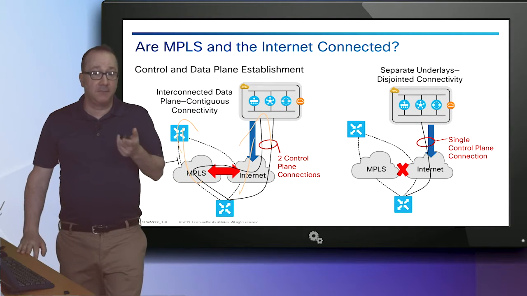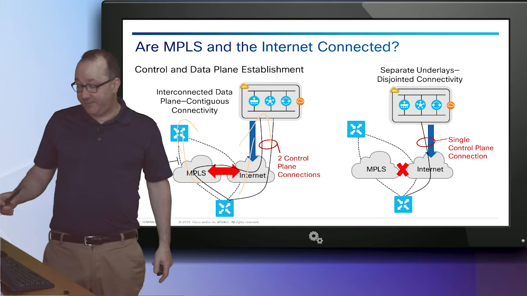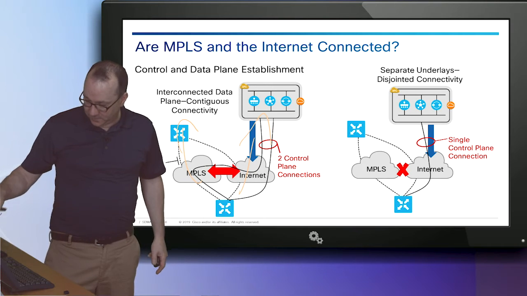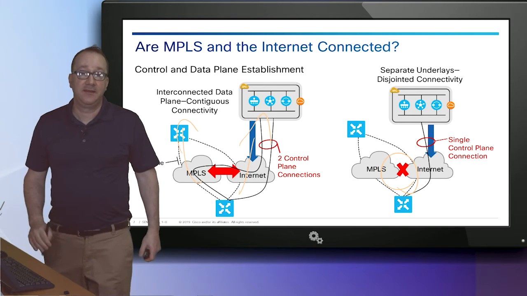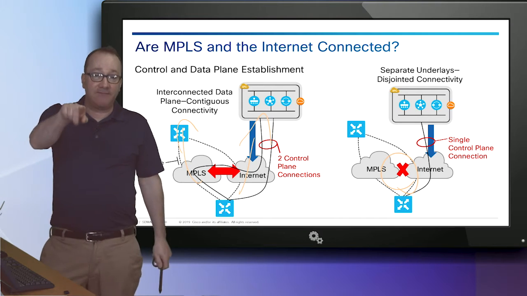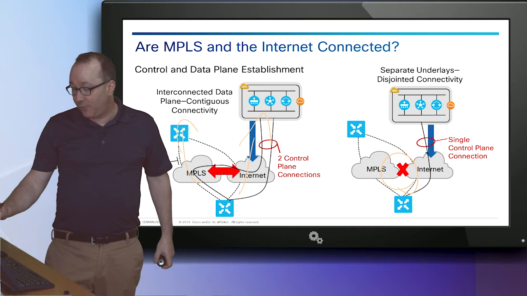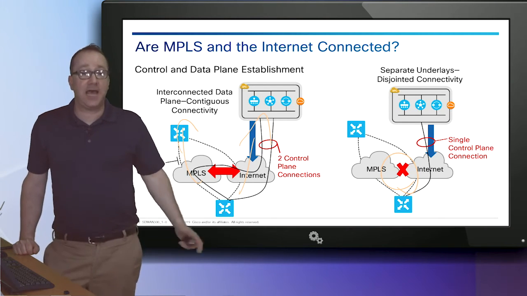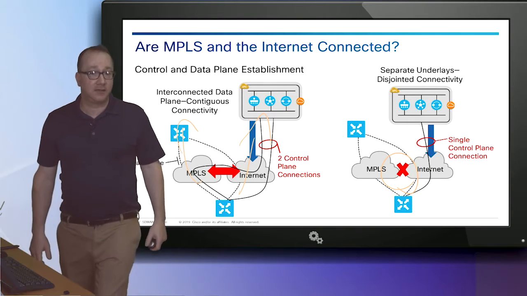Remember, if the MPLS doesn't have an internet access connection, like on the right, then I can only maintain that single control plane connection. If we lose our internet access, we lose access to our entire control connection.